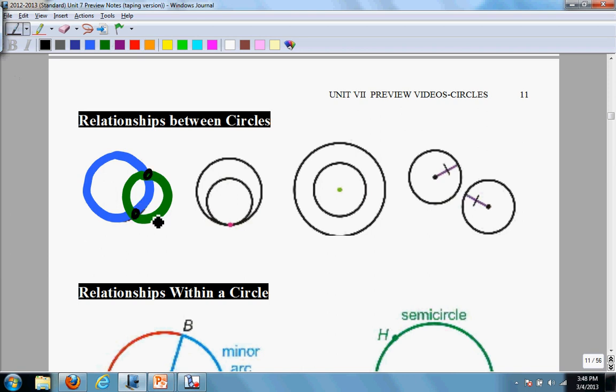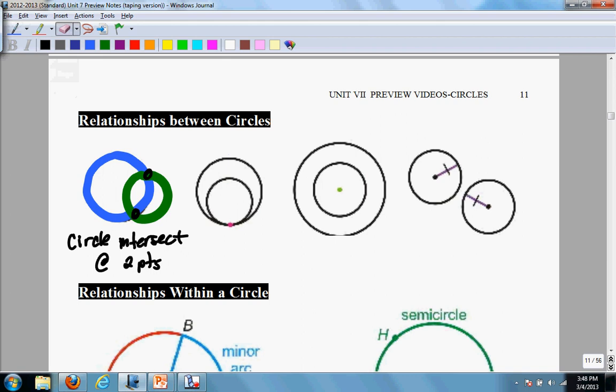They cross each other and they intersect. Circles intersect, and they intersect at 2 points.